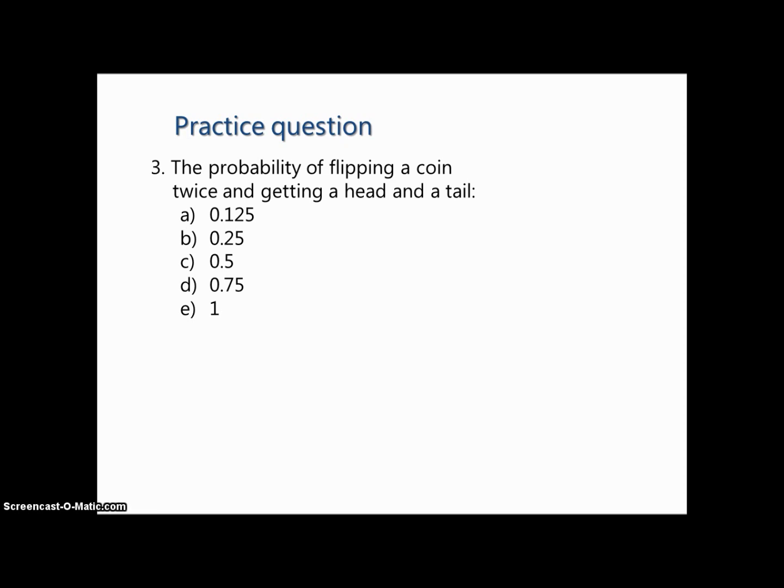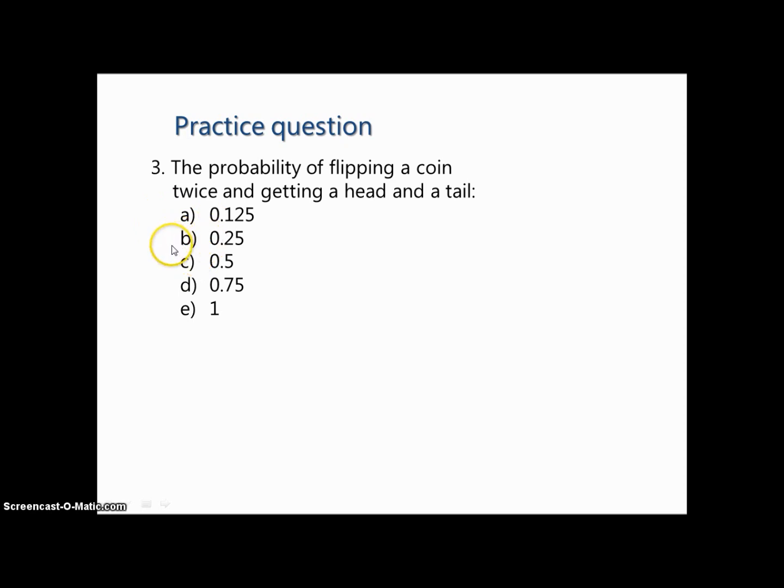So you're looking at 2 separate probabilities: the probability of getting a head then a tail, or getting a tail then a head.